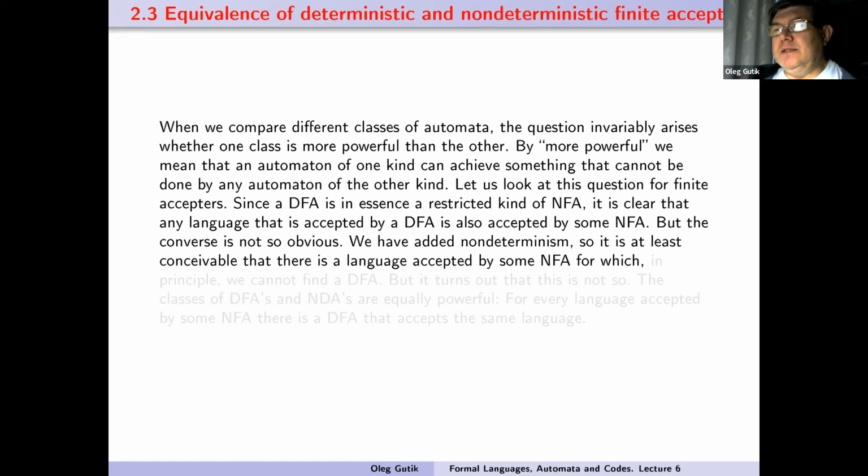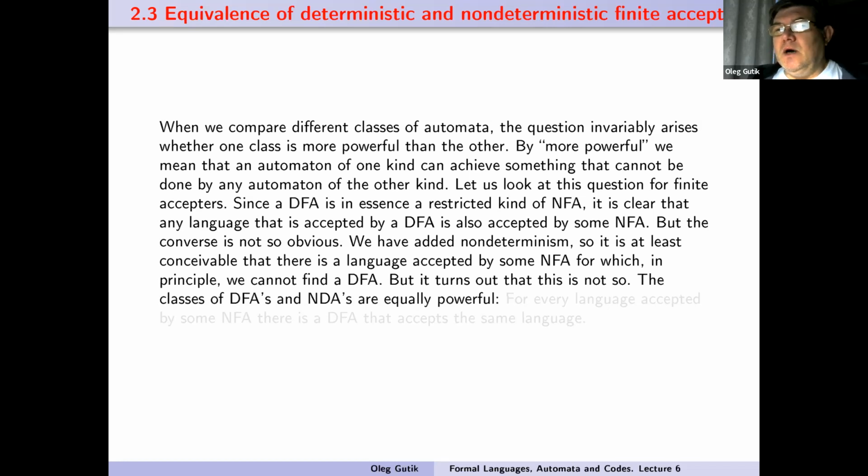We have added non-determinism, so it is at least conceivable that there is a language accepted by some non-deterministic finite acceptor for which in principle we cannot find a deterministic finite acceptor. But it turns out that this is not so.